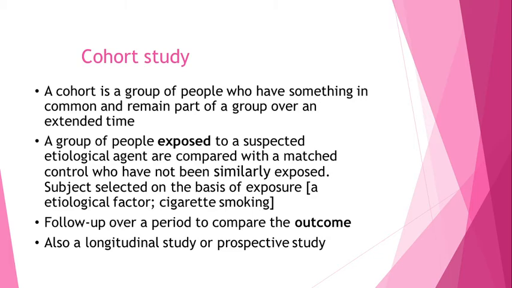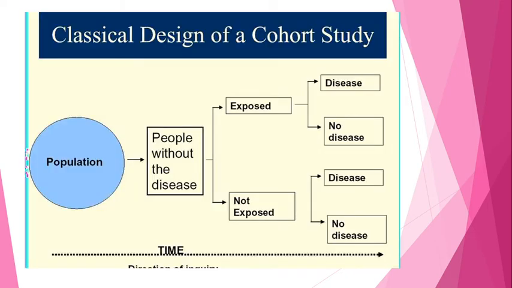And the advantage the cohort study has is that it is able to actually measure the outcome incidence. Effectiveness data can be collected. With one study, many different outcomes to a single exposure may be examined. Here I have given the example.